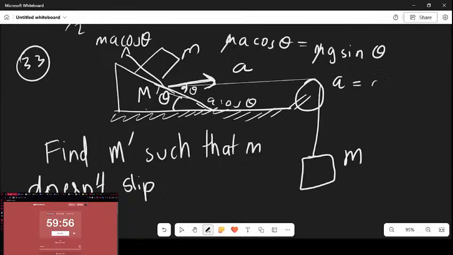So acceleration is equal to g tan theta. Acceleration should be equal to g tan theta.